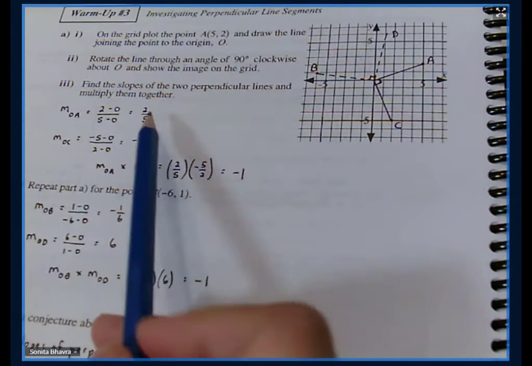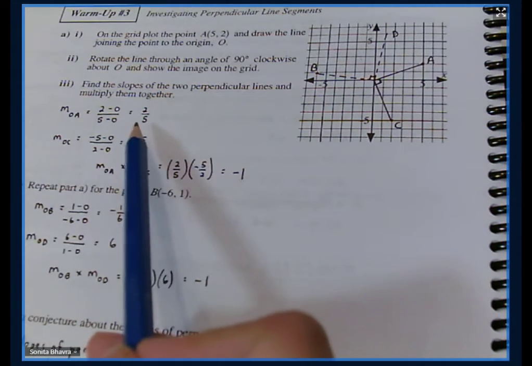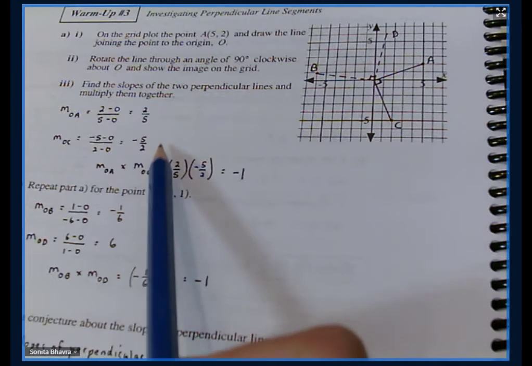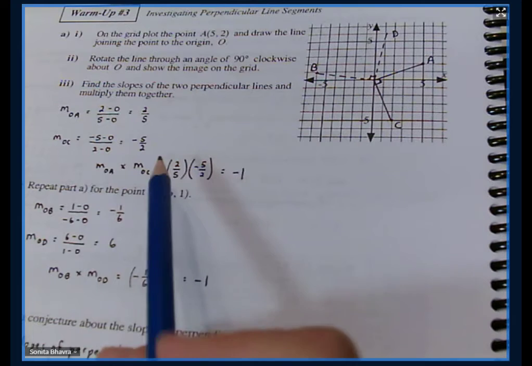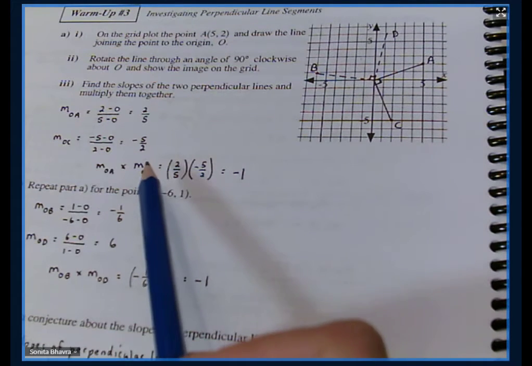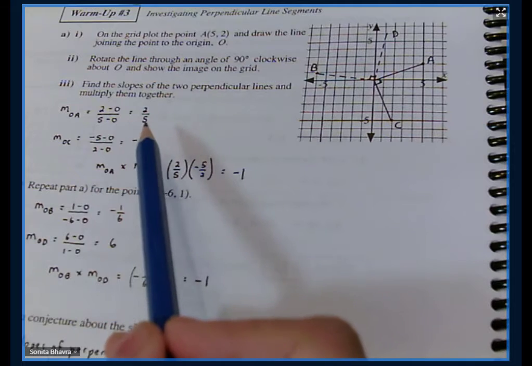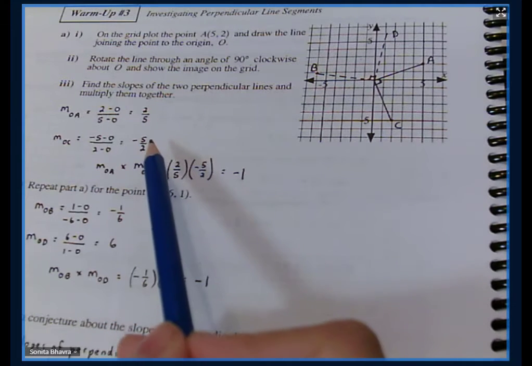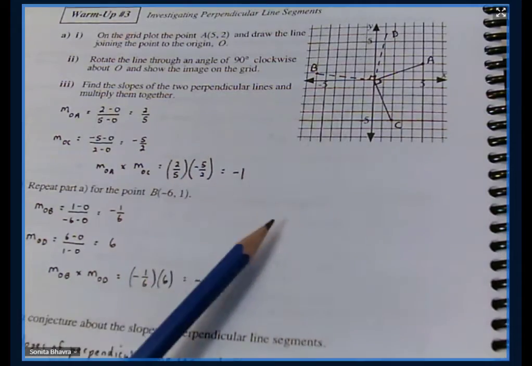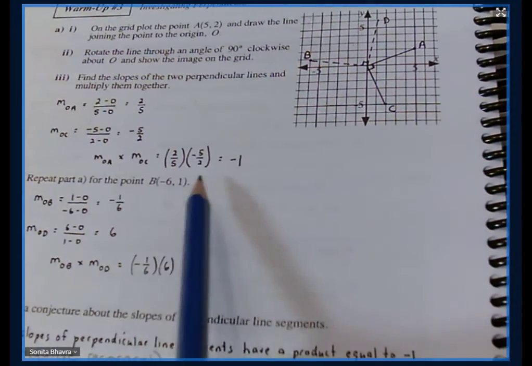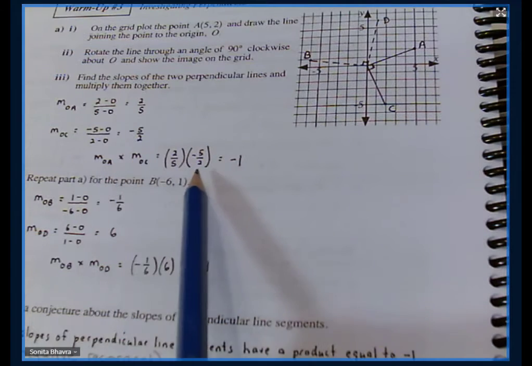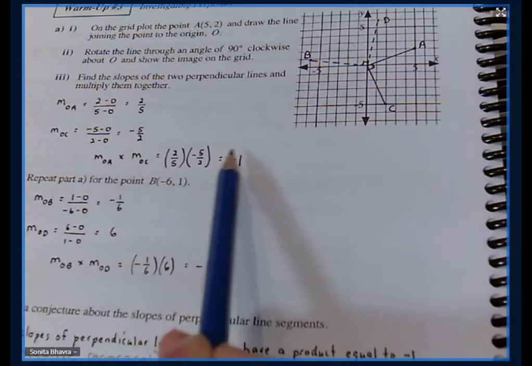So what we notice from this investigation is that when two lines are perpendicular, we have what we call a negative reciprocal. All right, so recall that reciprocal means flipping the fraction. So 2/5 is flipped to 5/2, and it becomes negative. If you multiply the two slopes together, so 2/5 multiplied by -5/2, your answer will be -1.